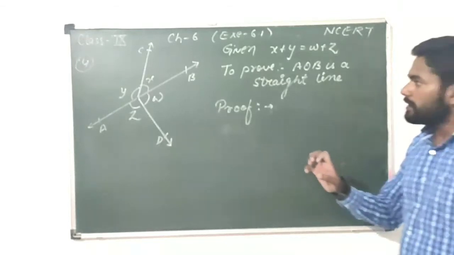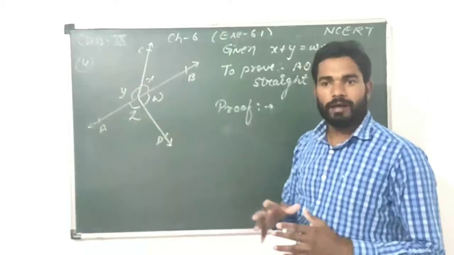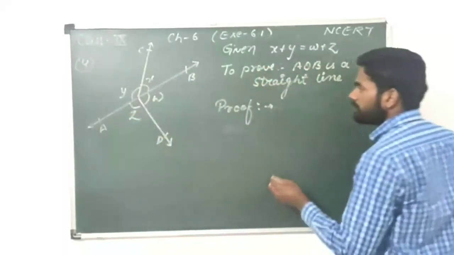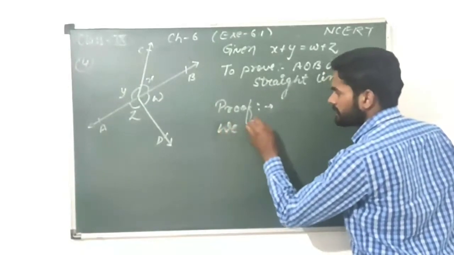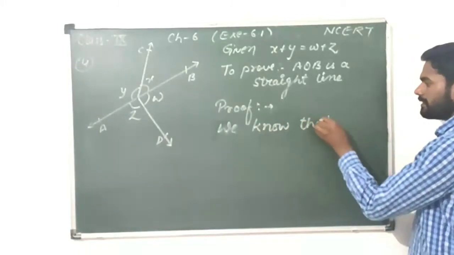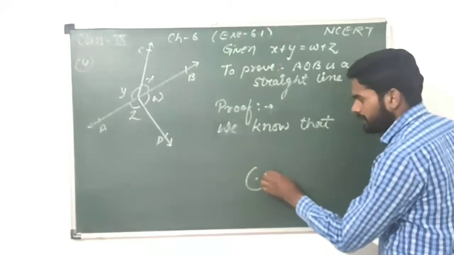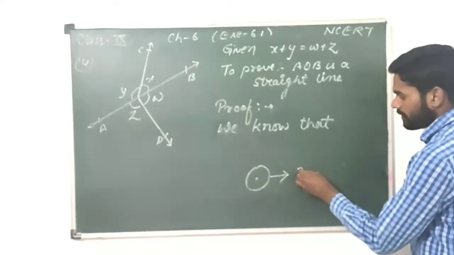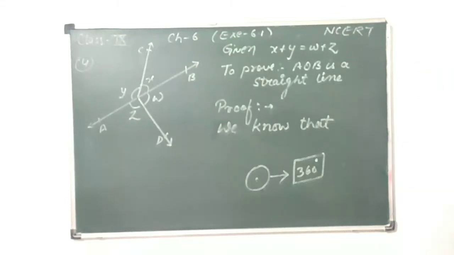First of all, try to judge according to the structure or analyze the structure. In this case, we know that all around a point, the constructed angle is always equal to 360 degrees.